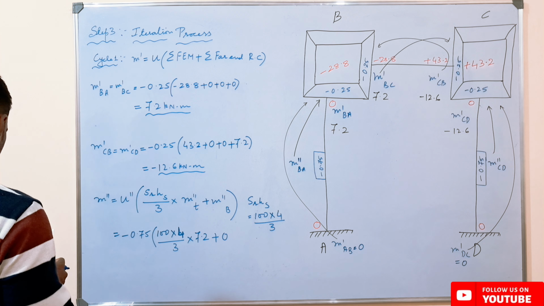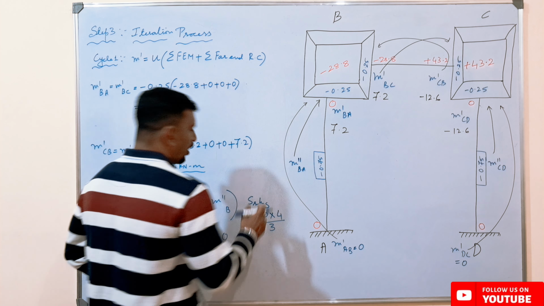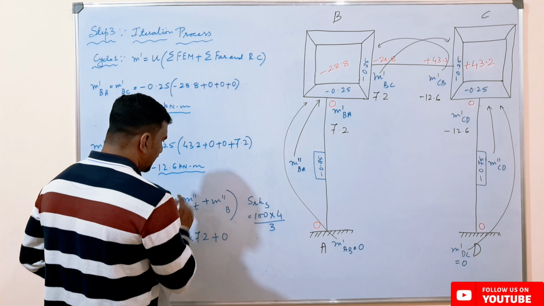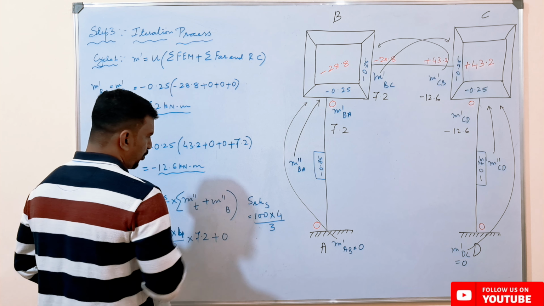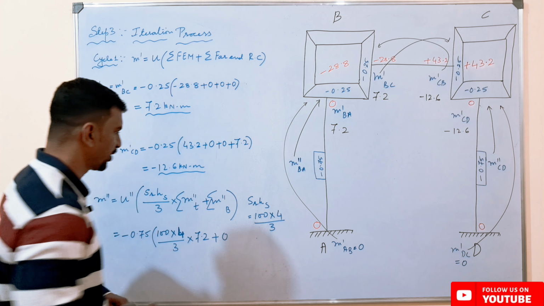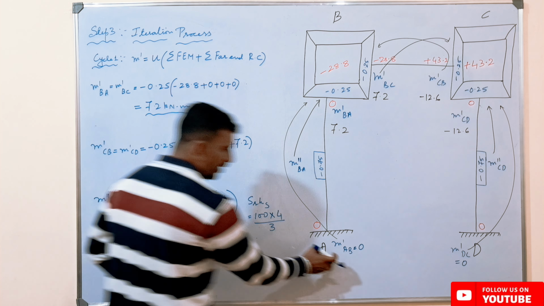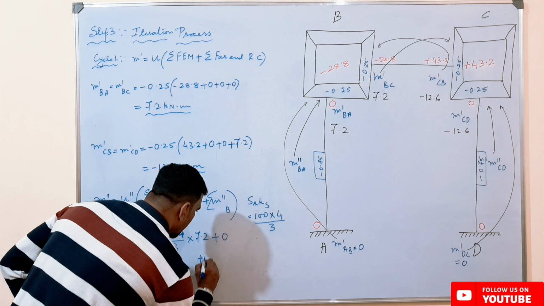At the bottom it is 0 over here. Also, the summation of the displacement contributions about the top and about the bottom: about the bottom, if you see, it is 0 plus 0 over here.